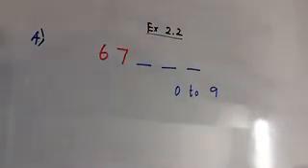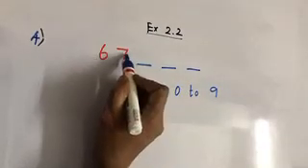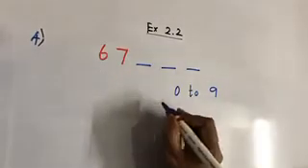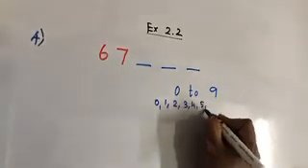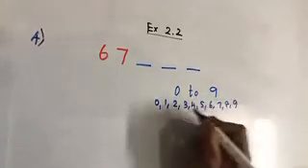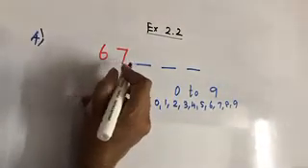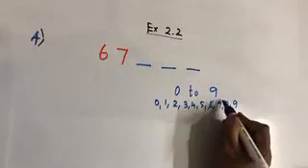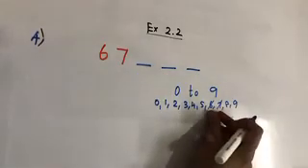No digit appears more than once means no repetition. So 6 is already there, 7 is there. In 0, 1, 2, 3 up to 9, these are all our options. 10 options are there. 6 and 7 we have already noted, and in the problem itself they have given, so we are not supposed to use them.